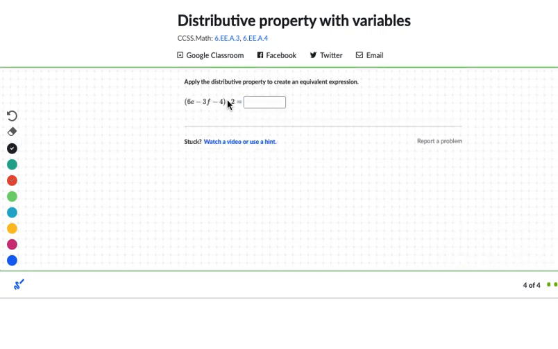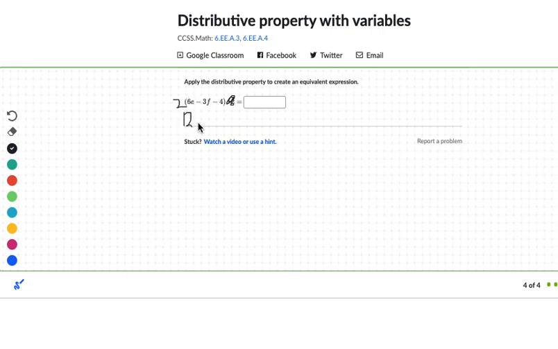Okay, again, this one's backwards, but it's the same thing. This whole quantity, everything in the parentheses, is multiplied by the 2. So just to make it what you're used to seeing, which you should be able to do any of it, but just this is what we learned today or yesterday or whenever you did that lesson. So we give a 2 to the 6e. It looks like an e there.